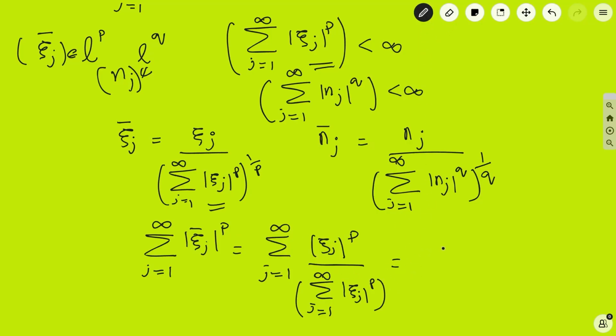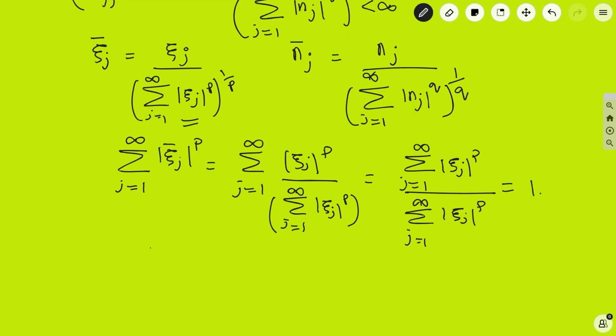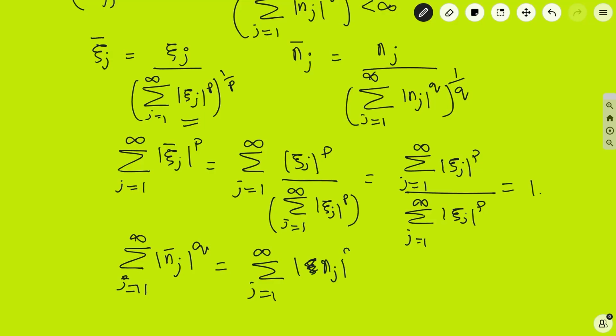It's summation of eta j to the power p divided by summation of eta j to the power p, the same thing, so it's 1. It's the same thing for the other sequence, the power q: eta j to the power q divided by summation of eta j to the power q, so q and 1 by q cancel.